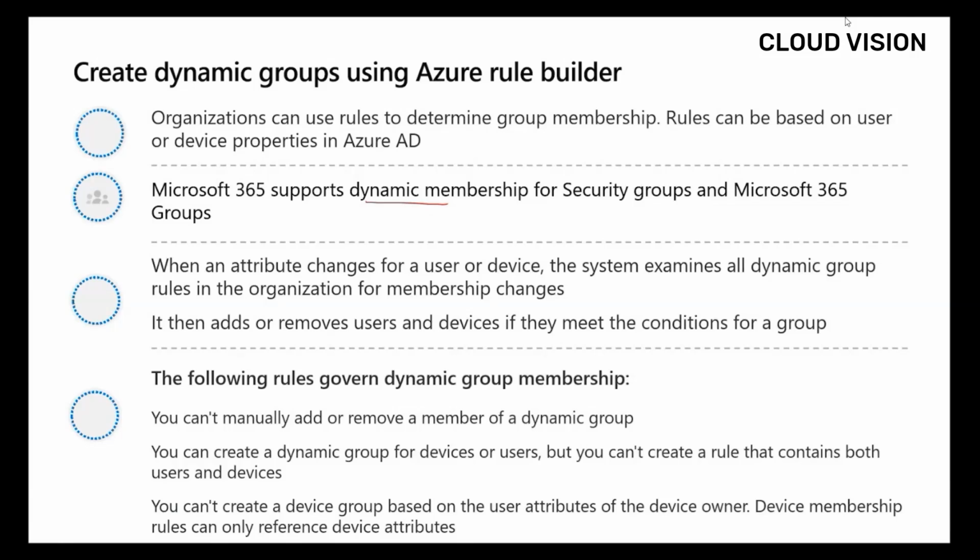So when an attribute changes for a particular user or device, the system will examine all the dynamic group rules in the organization for the membership changes. And that's why I mentioned that it will automatically add or remove users and devices if they meet the conditions or the rules that are defined in the group itself.